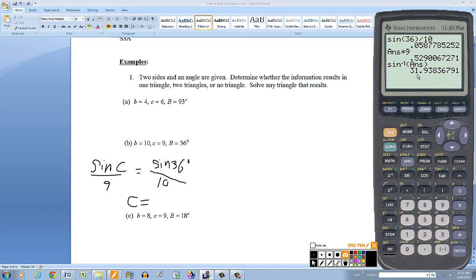So this is taking the sine inverse of this number right here, and it gives me 31.94. So this tells me that C then is 31.94 degrees.